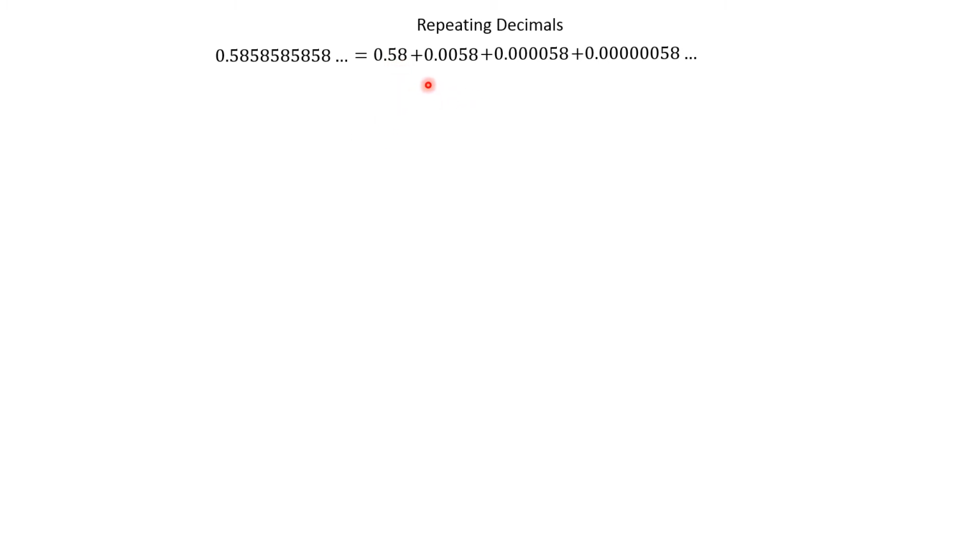The common ratio, we have 1 over 100. And so we could rewrite it as the sum from k equals 1 to infinity of 0.58 times 1 over 100, or 0.01, to the k minus 1. So that's our a1 times r to the k minus 1.